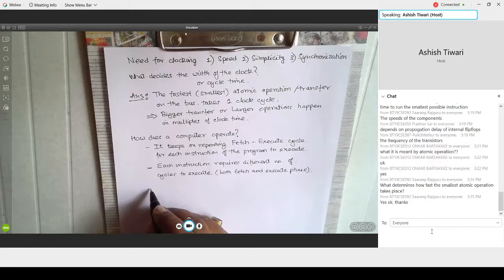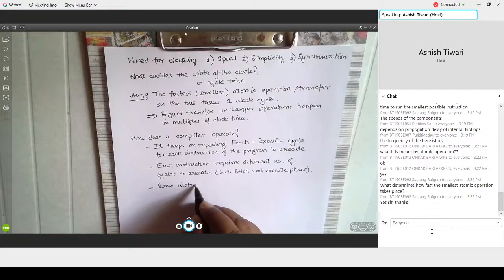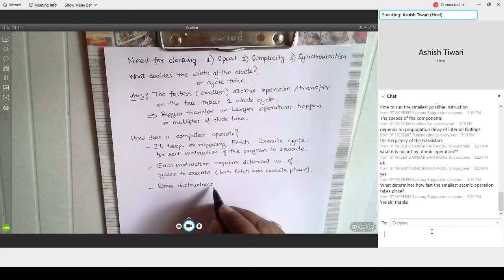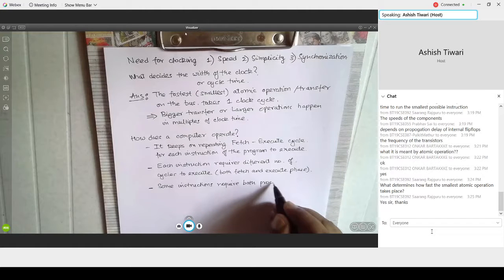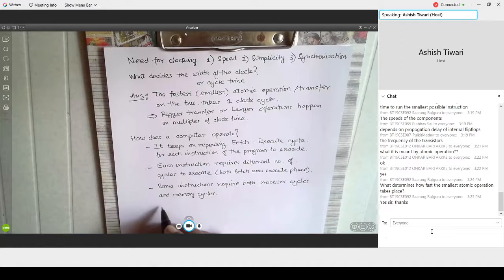That is one thing. Some instructions require both processor cycles and memory cycles. When I say processor cycles, I mean cycles of the processor bus, internal bus. Memory cycles means that you have to do transfers on the memory bus. And if you remember, the memory bus is slower than the processor bus. So I can talk of a parameter.